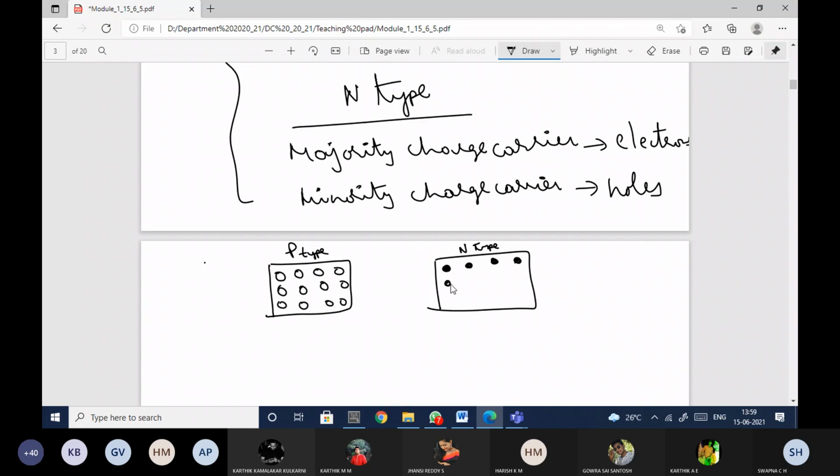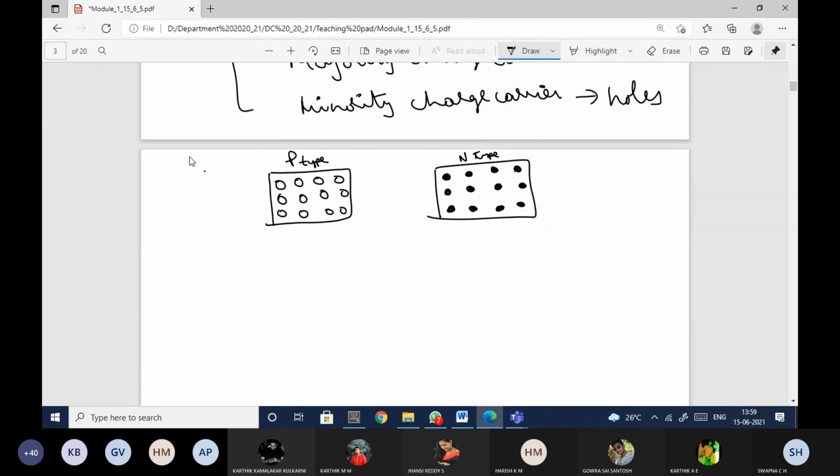Electrons are indicated with dots. So this is my p-type material and this is my n-type material. What I need to do is form a p-n junction diode.